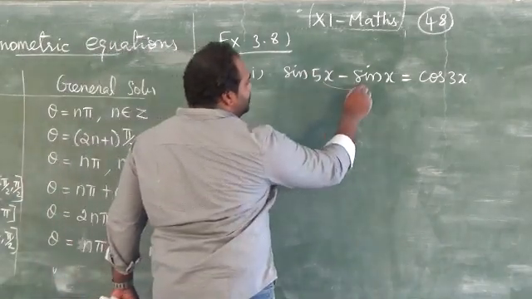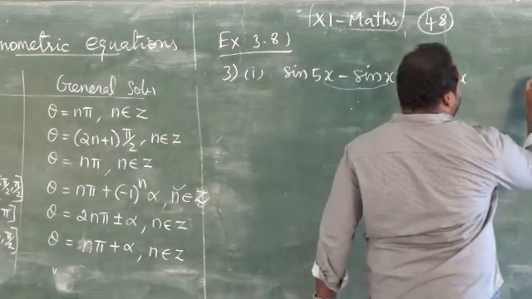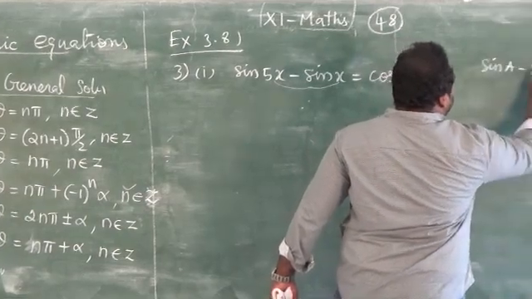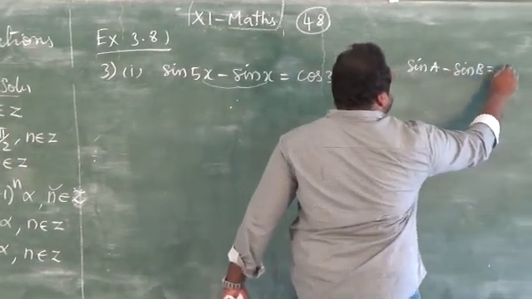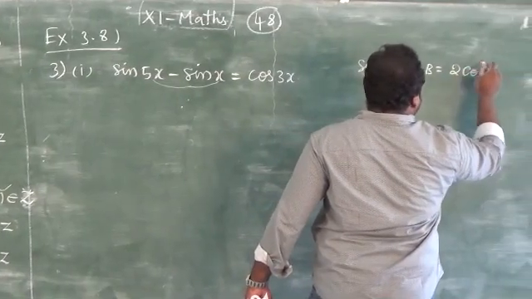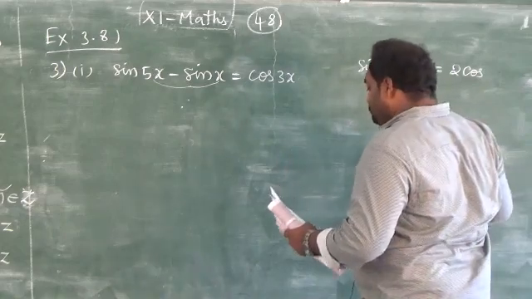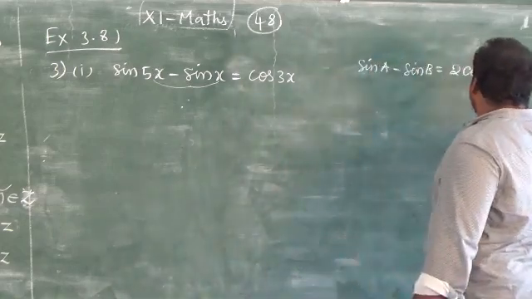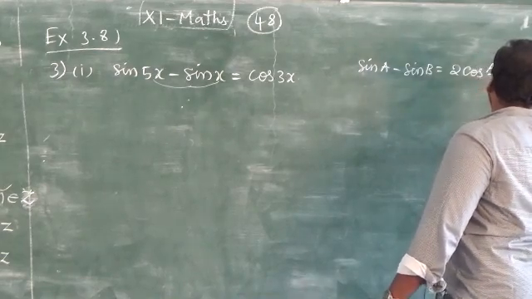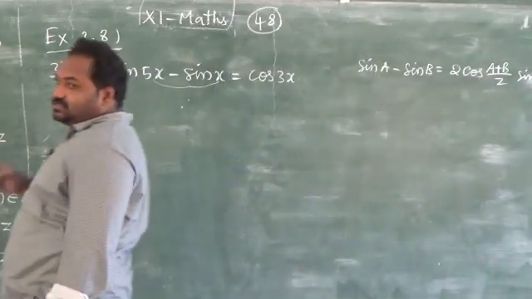Here I have the sum to product identity, sin A minus sin B. The formula is 2 cos (A plus B by 2) sin (A minus B by 2). I am going to use this formula to simplify this question.